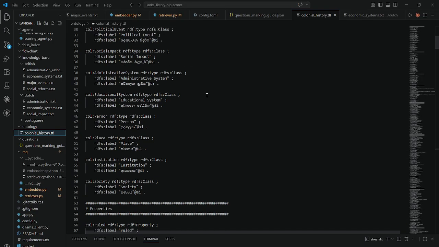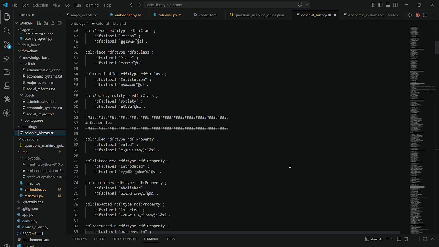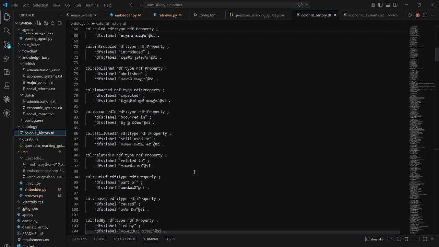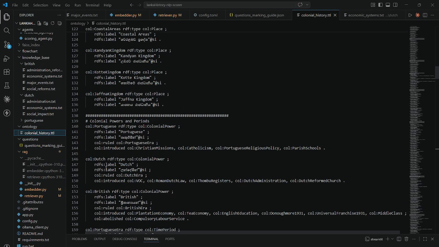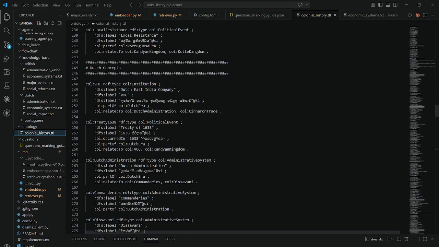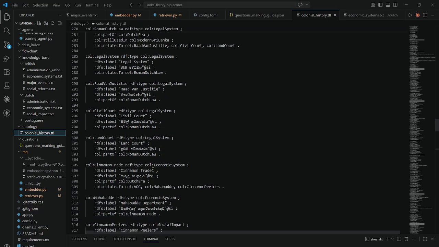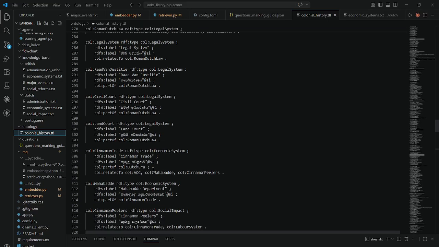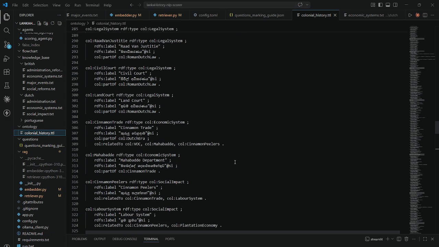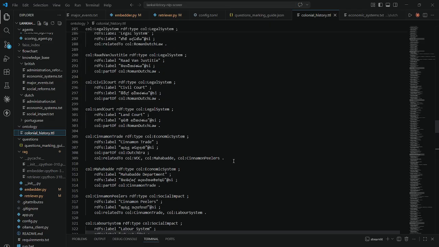The ontology agent loads this graph and checks whether the student answer contains expected concepts. For the Dutch economic question, concepts such as cinnamon trade, VOC, Mahabadde, Tombu registers, taxation, and Hamilton Canal can be detected and shown in the final output.